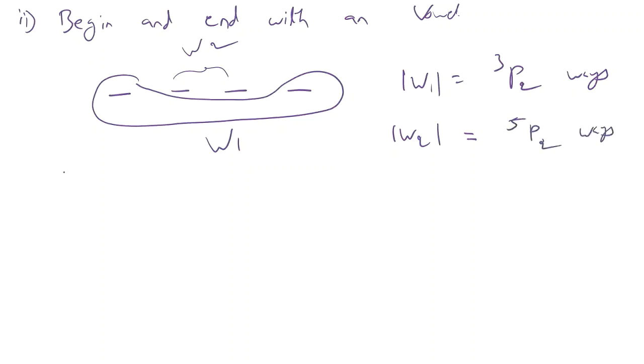Therefore, the total number of ways of completing the task is equal to the number of ways of completing W1 times the number of ways of completing W2, which is going to be 3P2 times 5P2. Okay. Next, the third one, end with a consonant.